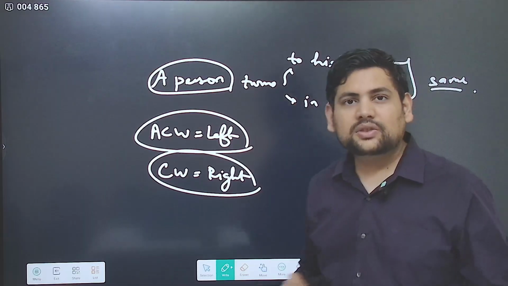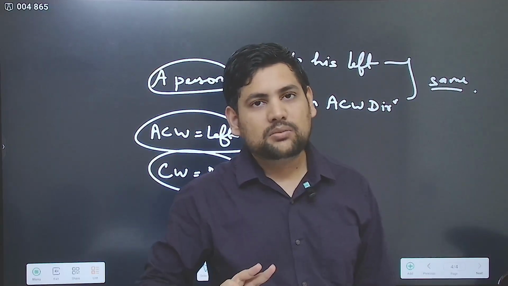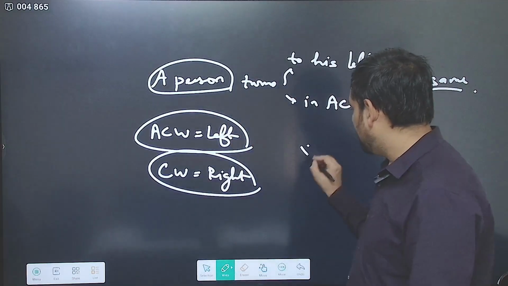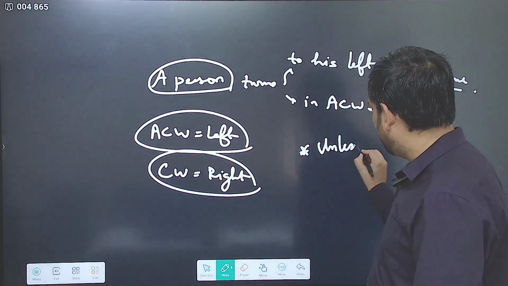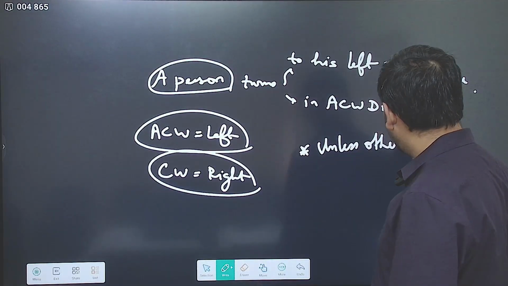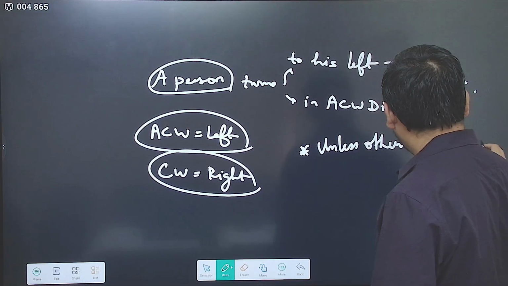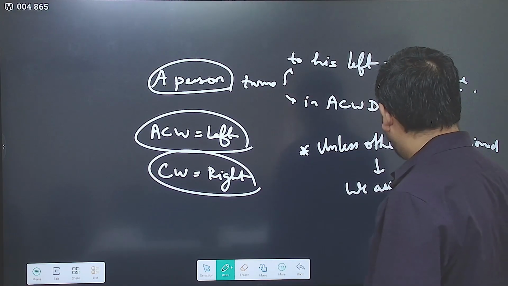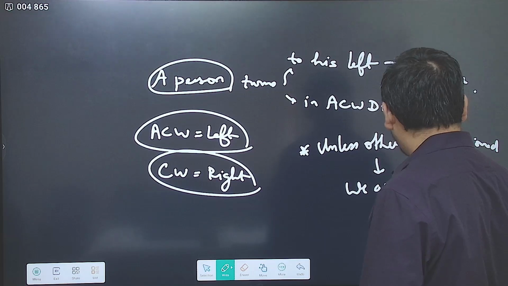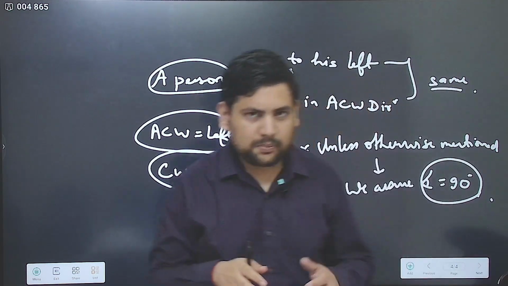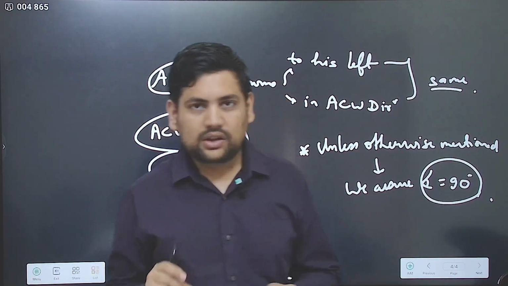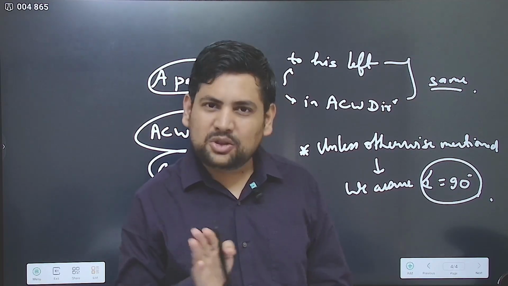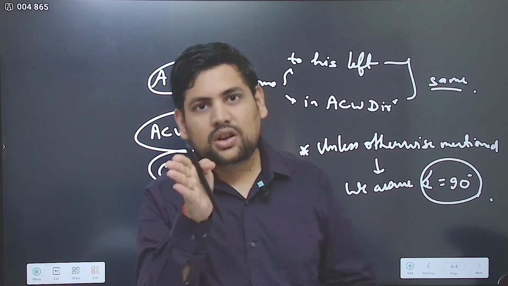Okay. Then generally, if the question only says that a person going north moves towards his left, unless otherwise mentioned, we assume the angle is equal to 90 degrees. That is, if I am telling you a person is going in this direction and then he turns right, you don't assume right to be slightly right like this or very right like this.